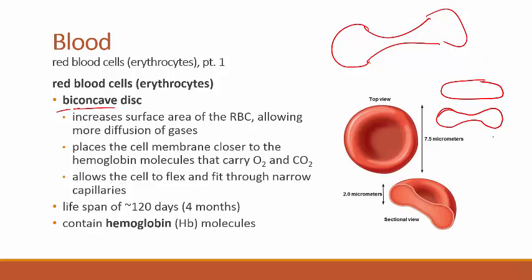So if we sent a little ant crawling along this surface, and the ants were moving at exactly the same speed, here's ant A, here's ant B, ant A would reach the destination more quickly than ant B would, because the shortest distance between 2 points is always going to be a straight line.